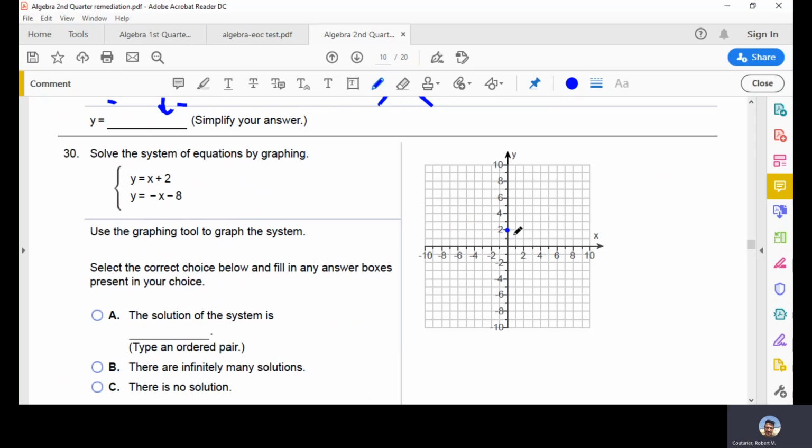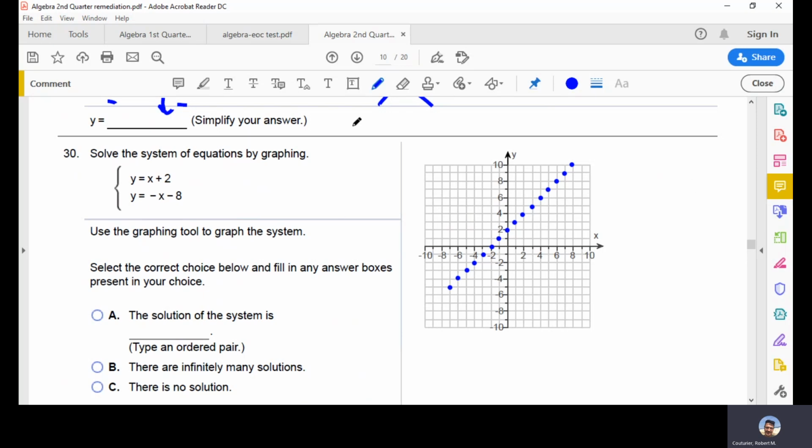And then the slope is a positive 1, so we go up 1 and to the right 1, up 1 to the right 1. And it's going to keep going in both directions, because it's a line, it goes forever and ever. I'll stop right about here because I don't think we need the whole thing.